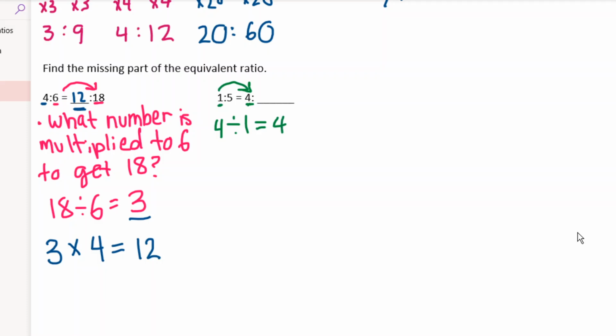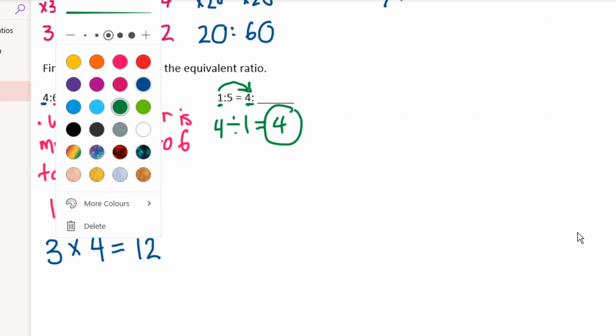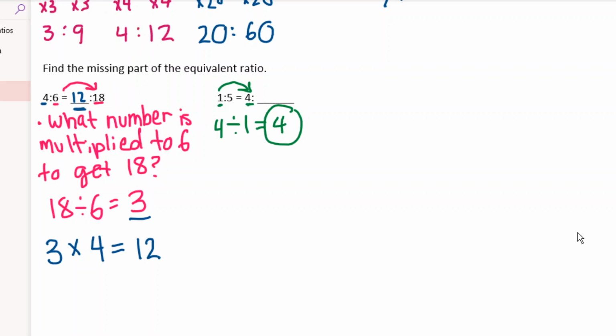Or what number was multiplied to 1 to get 4? It's 4. So 4 is our magic number here. All right. Now we see we have our missing blank here, and the number that we're going to multiply that 4 to is a 5. And so 5 times 4 is equal to 20. And so 1 to 5 is equal to 4 to 20.